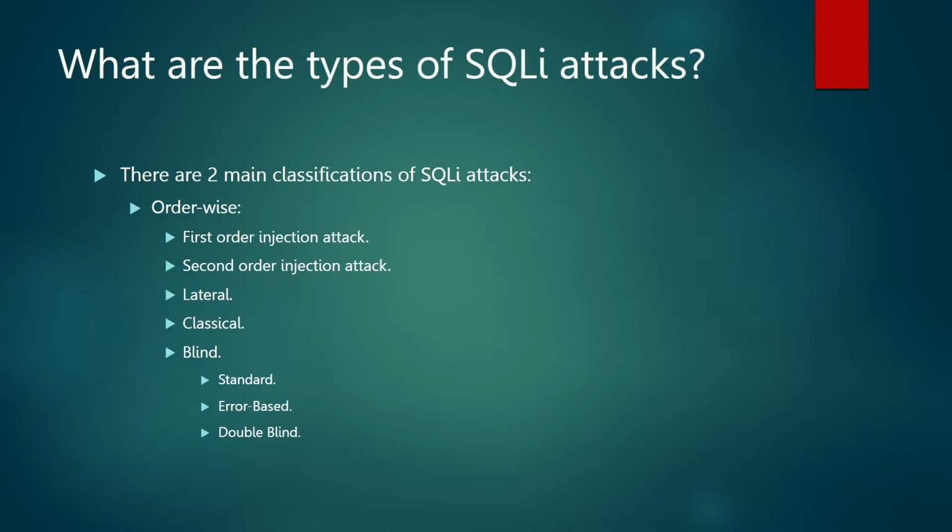The second type of order-wise SQL injection is called second order injection attack. In this attack, the attacker relies on malicious input stored in the database for later use, which means that the realization and success of the malicious query injected into the web application is not activated immediately by the web server.